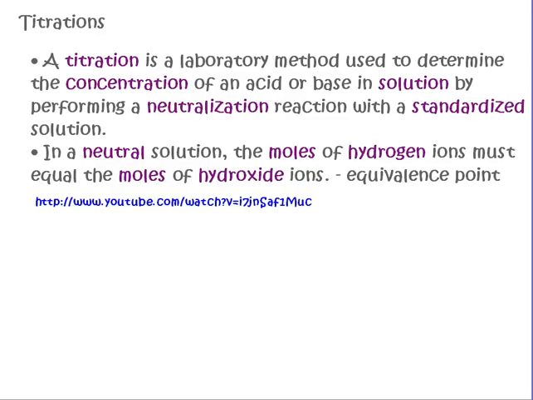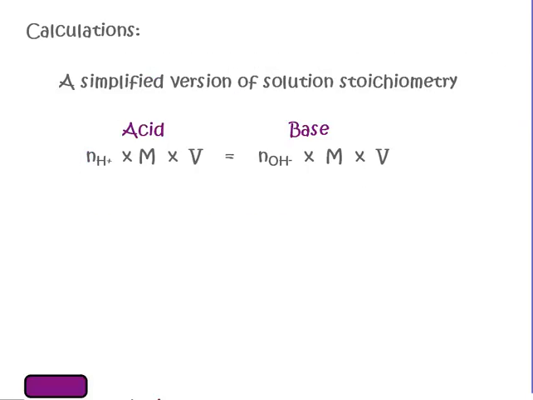But for right now, I'm going to show you how to do the calculations that surround this so that you'll be able to calculate what the molarity of either an acid or a base is. Now, what I'm going to show you is a simplified version of this solution stoichiometry, because we're going to have two solutions, an acid and a base. One of them we'll know what the molarity is, what the concentration is.